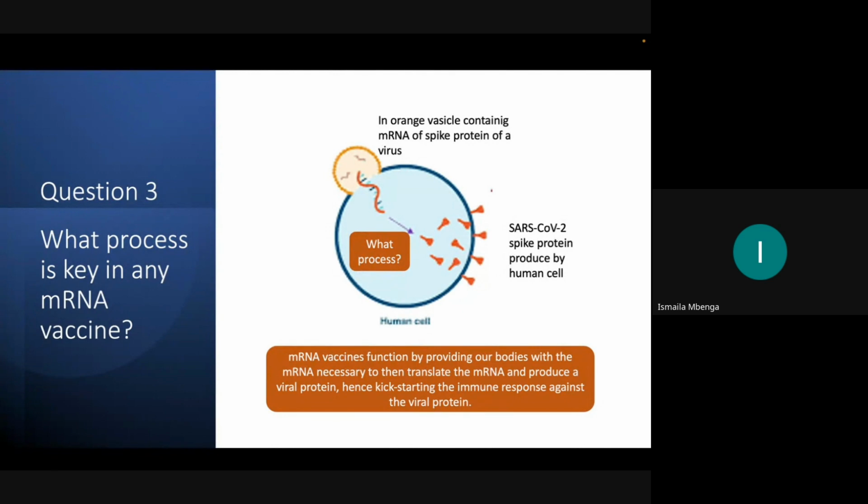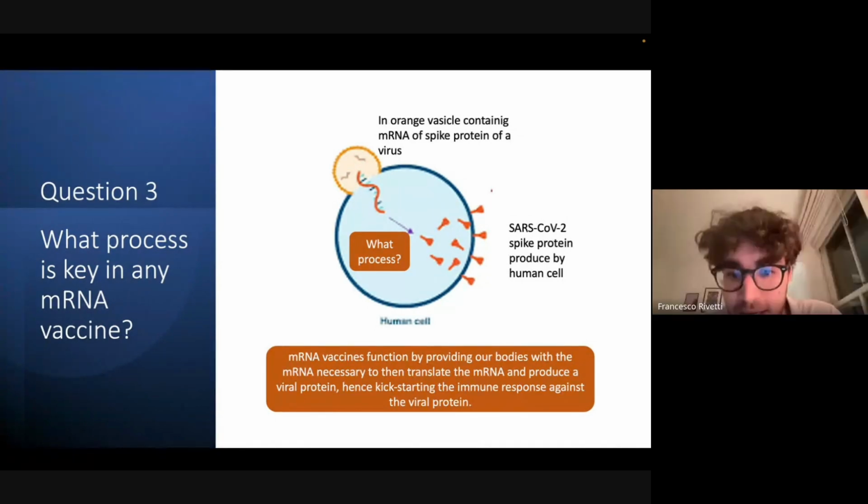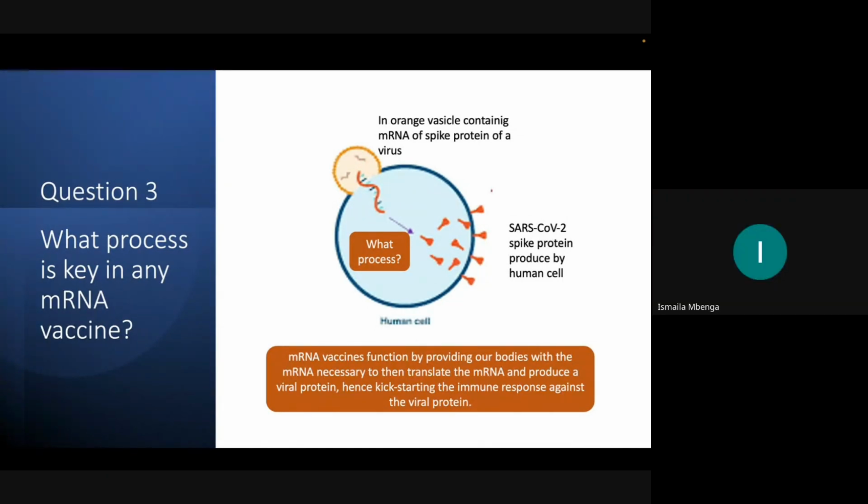So they are not exposed to the virus and will not get infected with the virus by the vaccine. By using this mRNA, cells can produce viral proteins as part of the immune response. The immune system recognizes that the protein is foreign and produces specialized proteins, I think you call them antibodies. Yes. These antibodies help protect the body against infection by recognizing individual viruses and other pathogens. Thank you, I just wanted to contribute that.